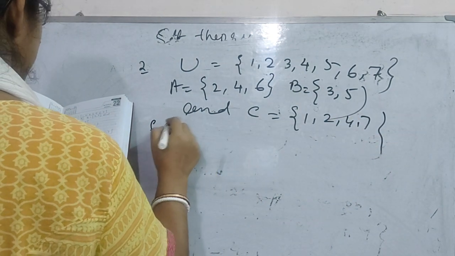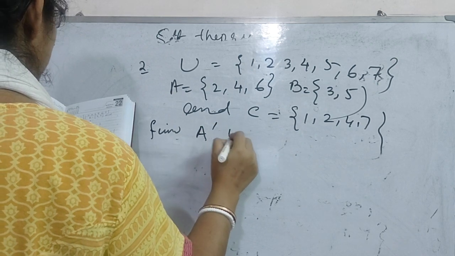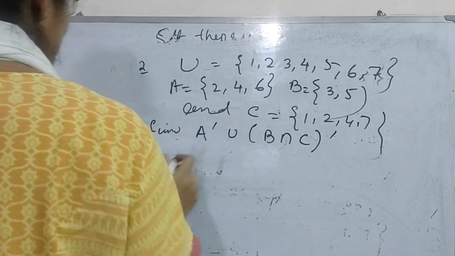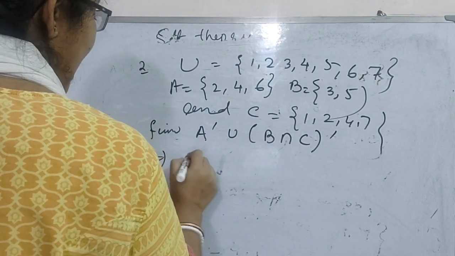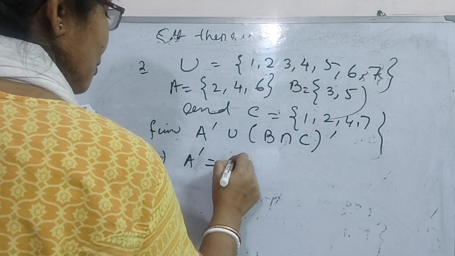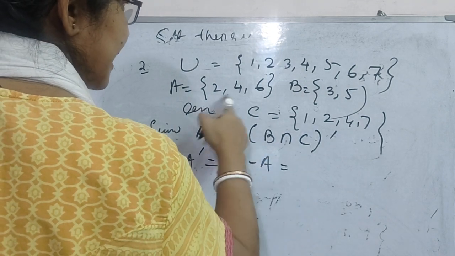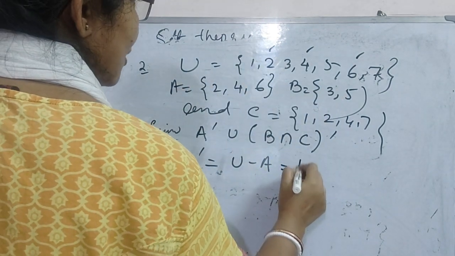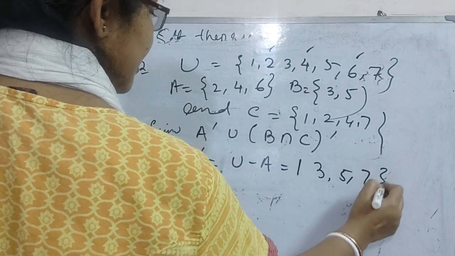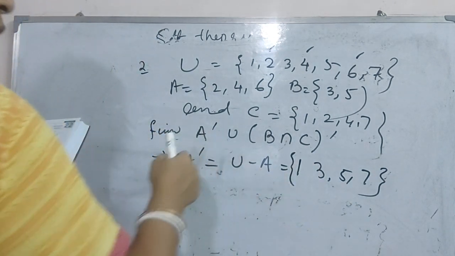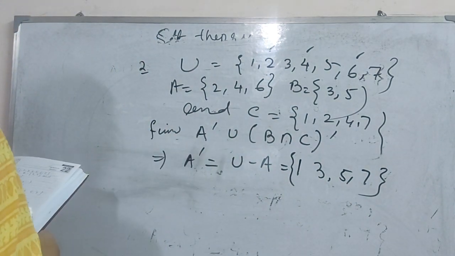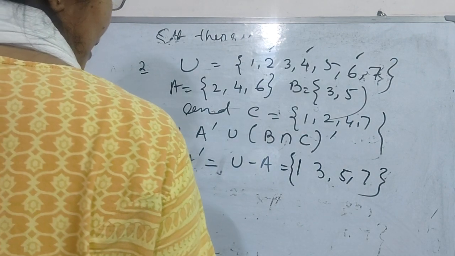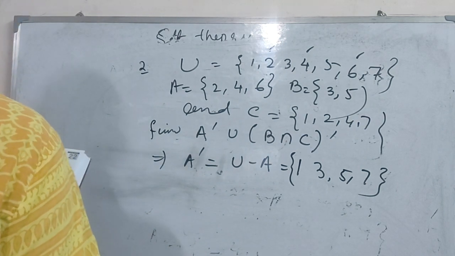Find A complement union (B intersection C complement). So, we have A complement equal to U minus A, that is, except 2, 4, 6, we have 1, 3, 5, 7. These are the elements that belong to U but do not belong to A. Okay.